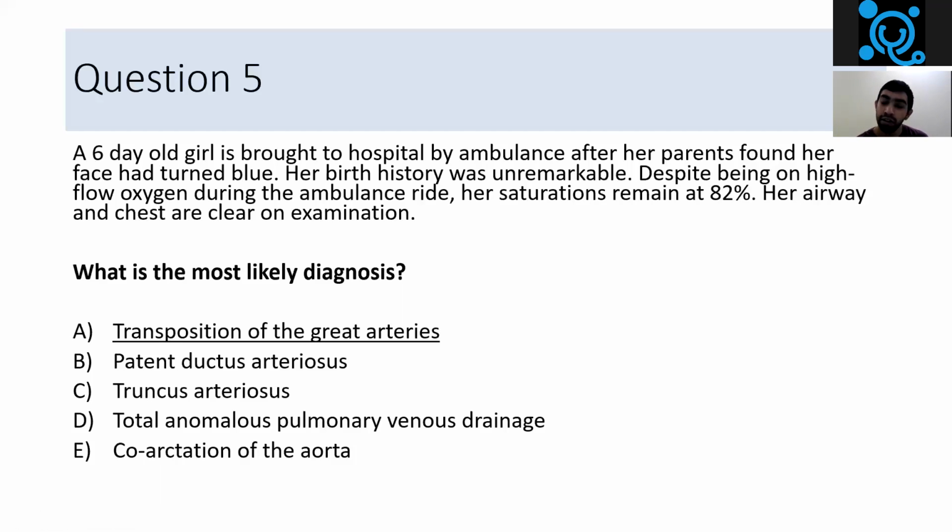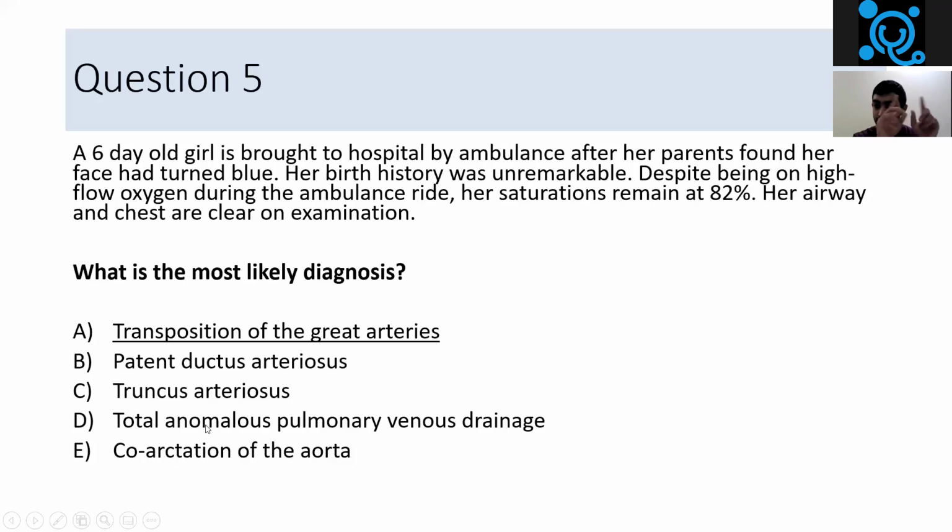Total anomalous pulmonary venous drainage. So you might see that as TAPVD. That should be quite self-explanatory when you look at the name, but it's saying the pulmonary vein drains anywhere but where it's meant to, okay? So normally you'll have the pulmonary vein draining into the left atrium. If it connects anywhere else, basically that is anomalous pulmonary venous drainage.